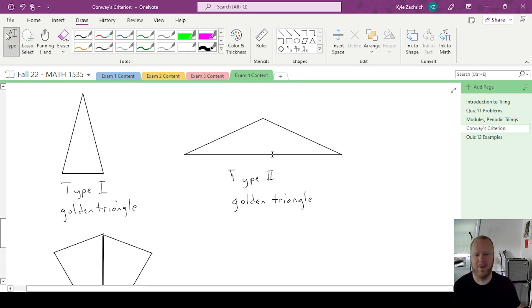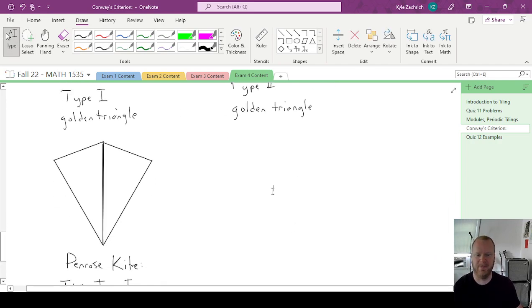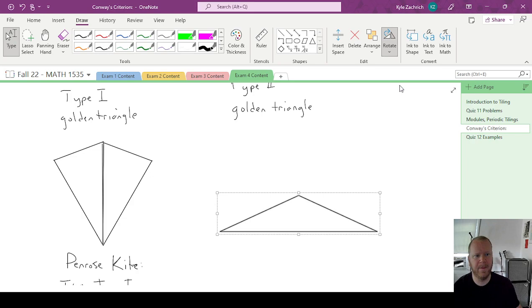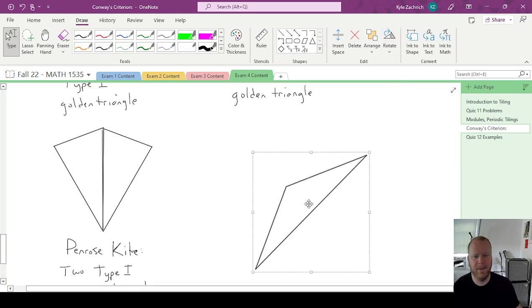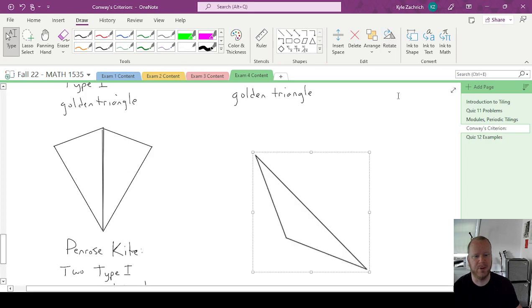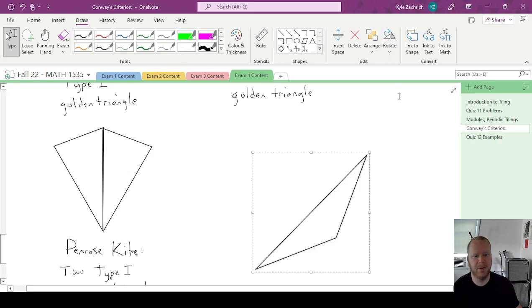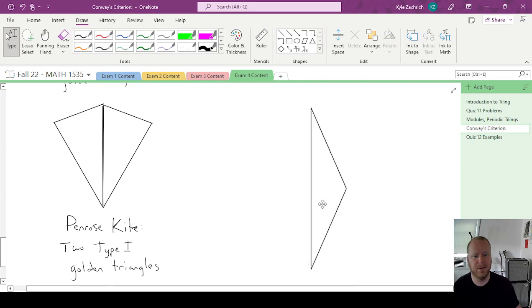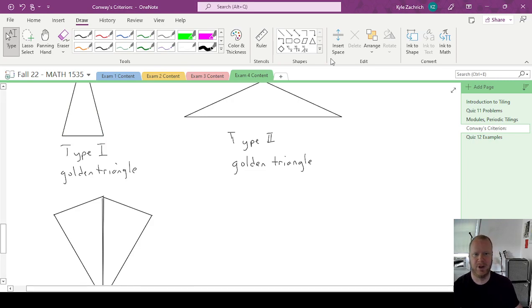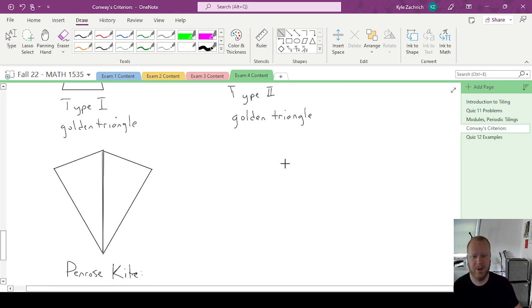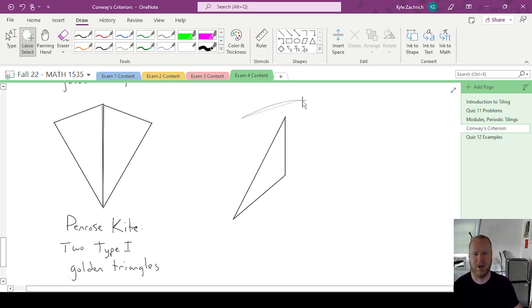The other one, a Penrose dart, is going to be made up of two type 2 golden triangles. So I'll draw one like this. Here's a type 2 golden triangle.